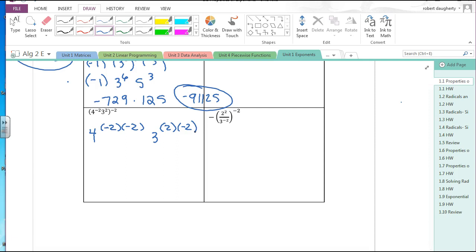What's negative 2 times negative 2? That's 4 to the 4th. And this is 3 to what power? Negative 4th. So 4 to the 4th, that's 16 times 16, which is what? Is that 256? 256. This is 256 times, yeah, sorry, back up.